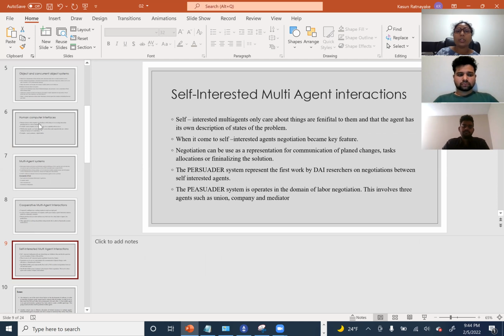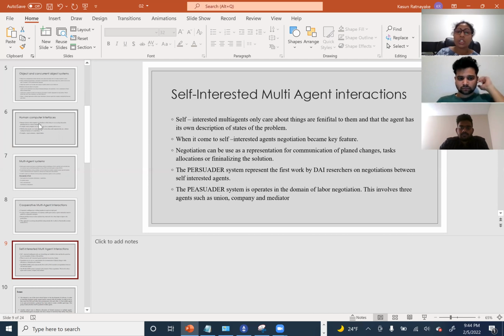When it comes to self-interested multi-agent interaction, self-interested multi-agents only care about things that are beneficial for them, and the agent has its own description of the problem. When it comes to self-interested agents, negotiation becomes a key factor.